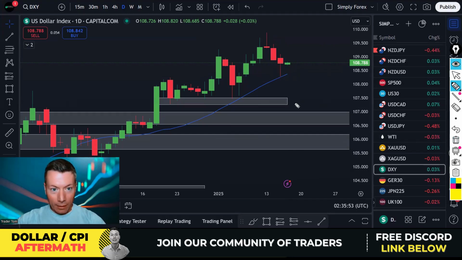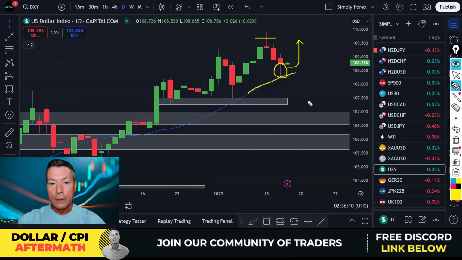It's looking like US dollar strength is going to continue. We've got this uptrend, we've got a nice bullish wick bouncing off the moving average 20. This would suggest we can take price back up to these highs at least.